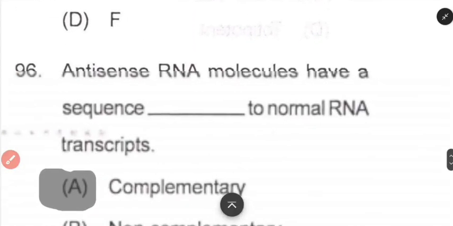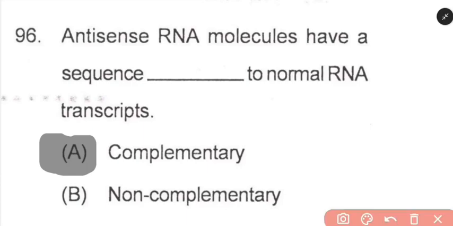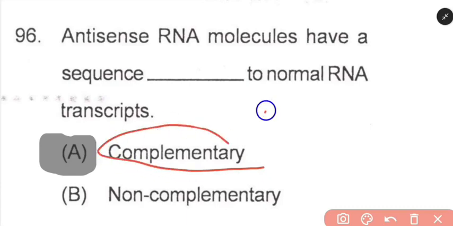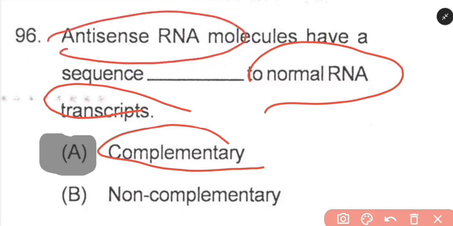Then, antisense RNA molecules have a sequence complementary to normal RNA transcripts. This we can understand in the production of proteins with the help of antisense RNA, with the mRNA.